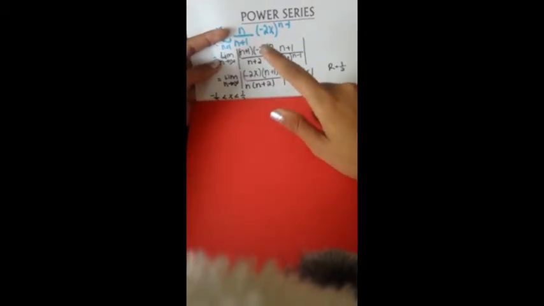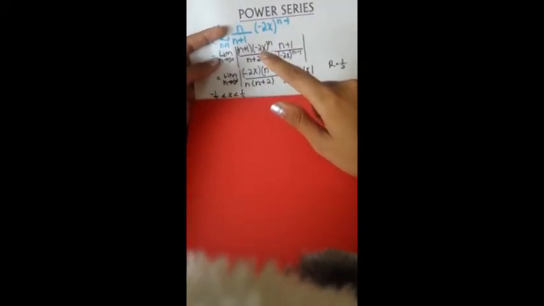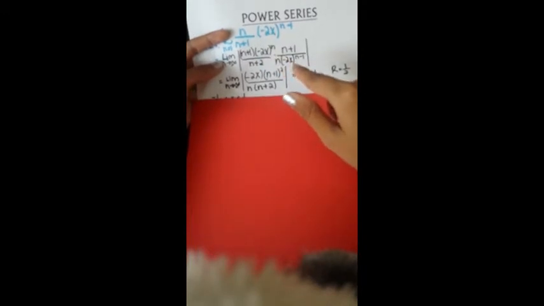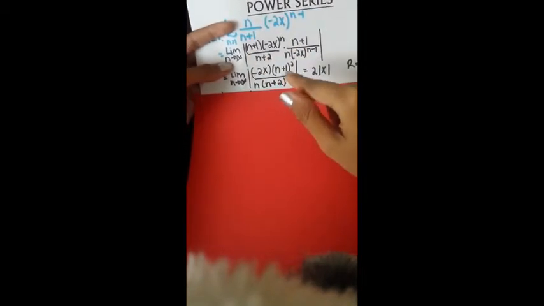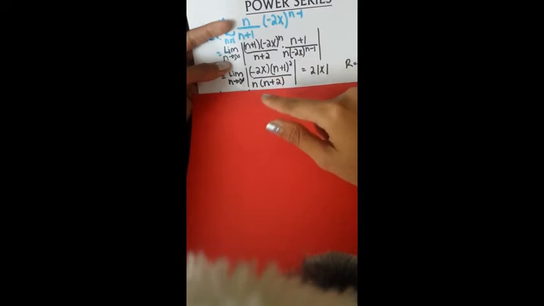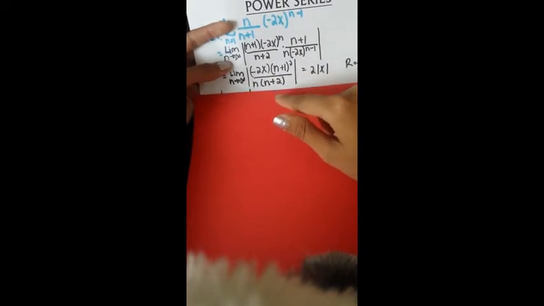The negative 2x to the n crosses out with this one, and we're left with negative 2x to the negative 1 in the denominator, but that's the same as negative 2x in the numerator. So we keep it right here. And then this times this is n plus 1 squared, and the bottom is n times n plus 2.